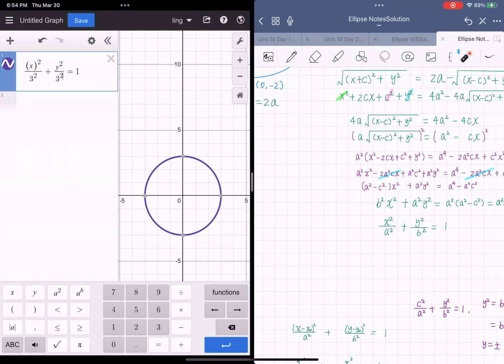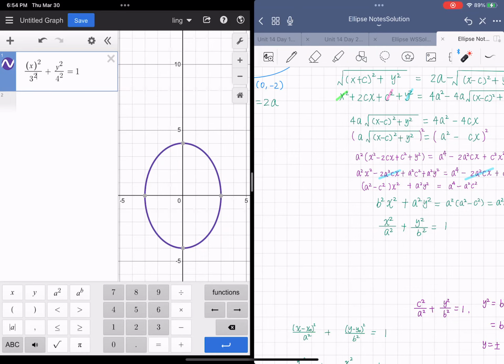You can change this 3 to be 4. You will see this suddenly change to a vertical direction. This time, the two foci are on the y-axis. It's not on the x direction. It just depends on who is greater. The one that is greater is the major direction for the ellipse. This is true for an ellipse, but not true for a hyperbola.